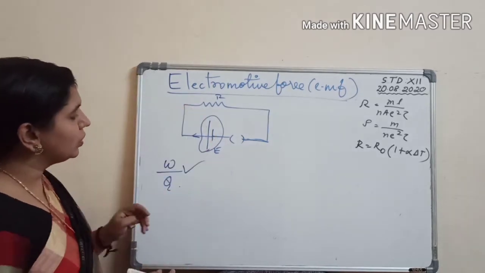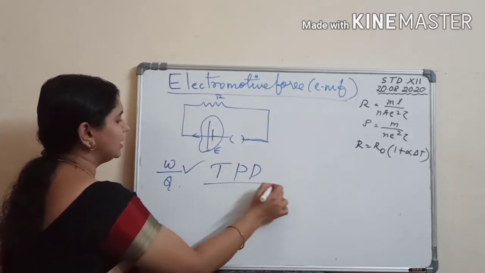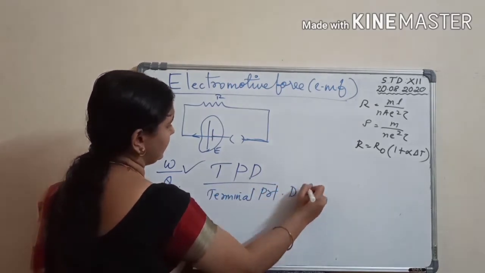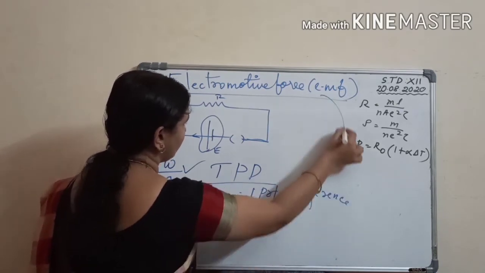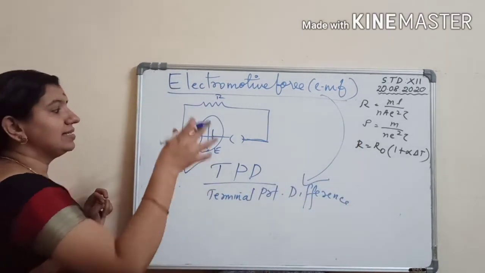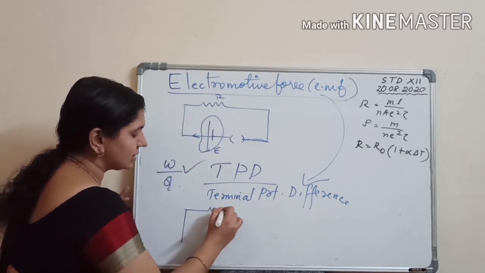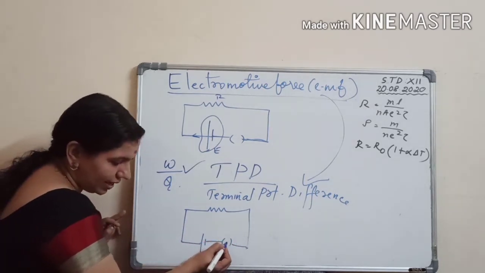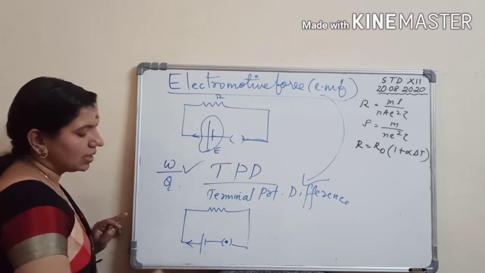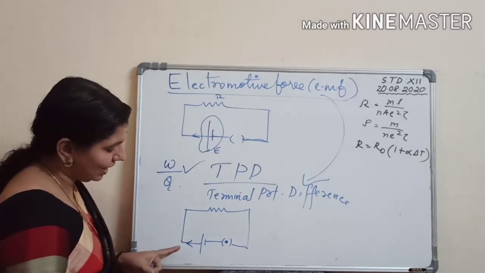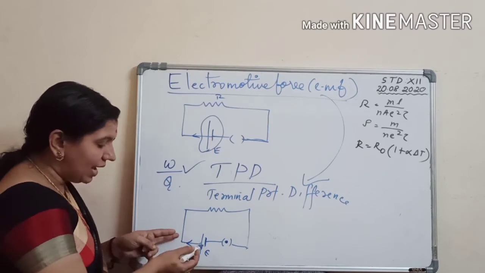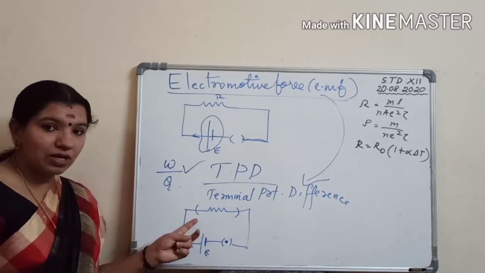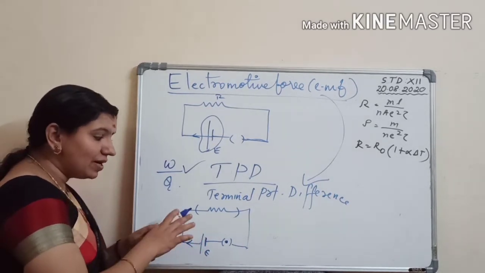Now this will turn to TPD. What is TPD? TPD means terminal potential difference. When will this electromotive force turn to terminal potential difference? In the same circuit, when the circuit is in closed form. That means I have to switch on so that the current flow happens. Understand? So even though this cell has an EMF, when the current passes through this resistance, there will be a potential difference across it.